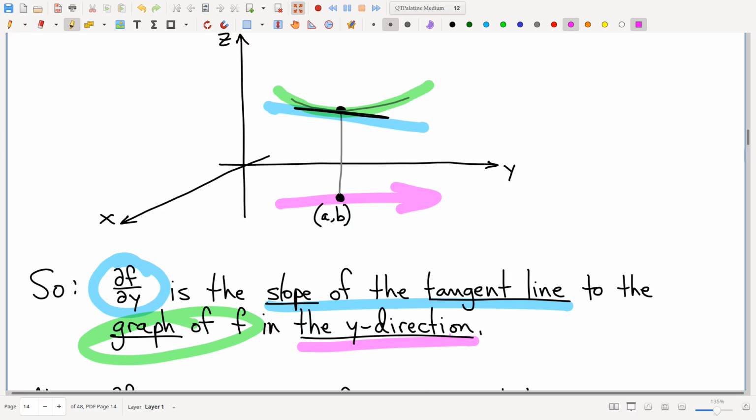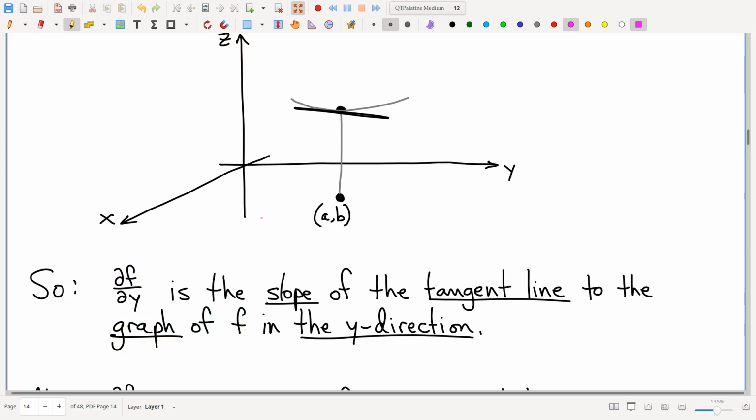I think this is highly relatable to single variable calculus. In single variable calculus, derivatives are slopes of graphs. Partial derivatives in multivariable calculus are also slopes of graphs. You just have to say asterisk: in the direction of the variable that you're taking the partial derivative with respect to.